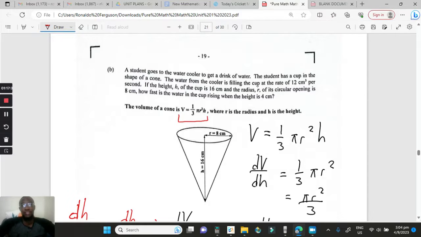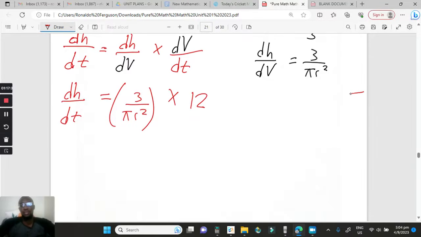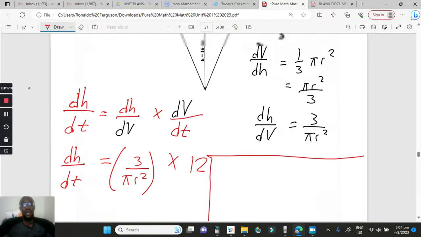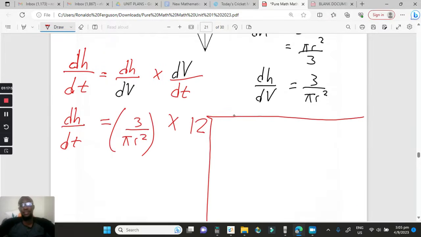Notice they gave us the height, but they did not give us the radius. So what you're going to have to do is go over here. Notice they gave us the height and the radius when it was full. I think they said the height is 16 and the radius is 8. We can use that to find the volume.